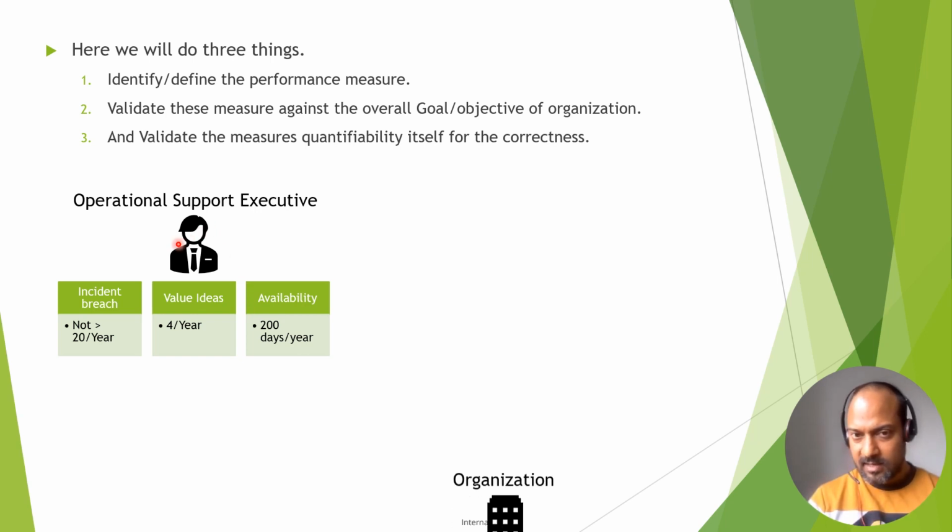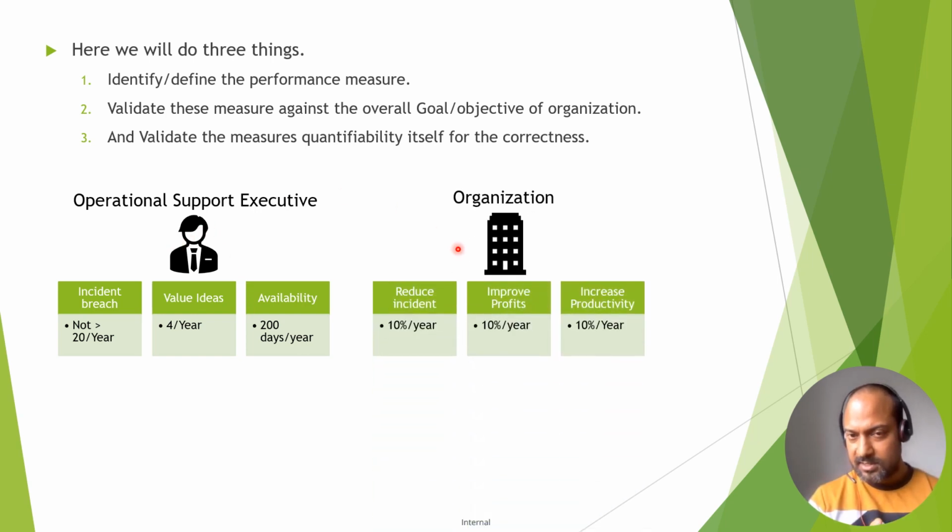The organization has its high-level goals and objectives. They have set a goal to reduce incidents 10% per year, right? So based on the organization goal, your KPI is being derived.